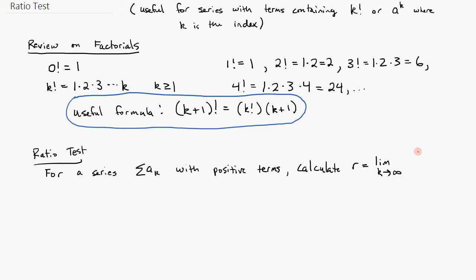You take the ratio of successive terms, so a k plus 1 over a k, and then you check what the value of r is.